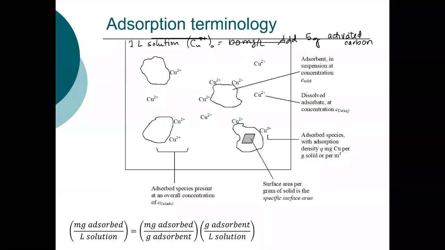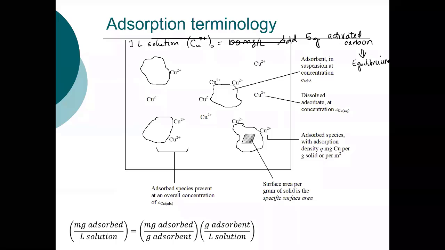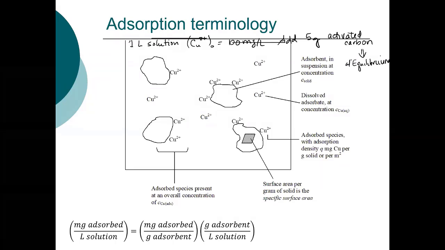And we allow this suspension to mix, reach equilibrium, and once it reaches equilibrium, we have 2 milligrams per liter of copper in solution.